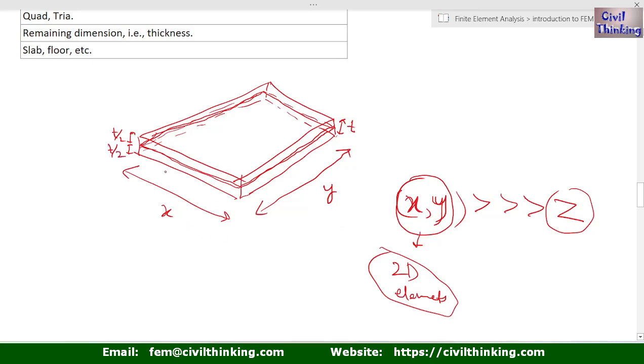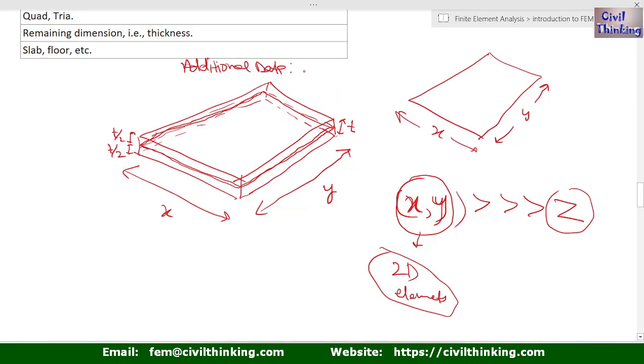So if I say it in a more meaningful way, in 2D we always define two dimensions in the geometry, for example x and y. Then the third, the depth or thickness, whatever you call it, is the additional data, the z component.